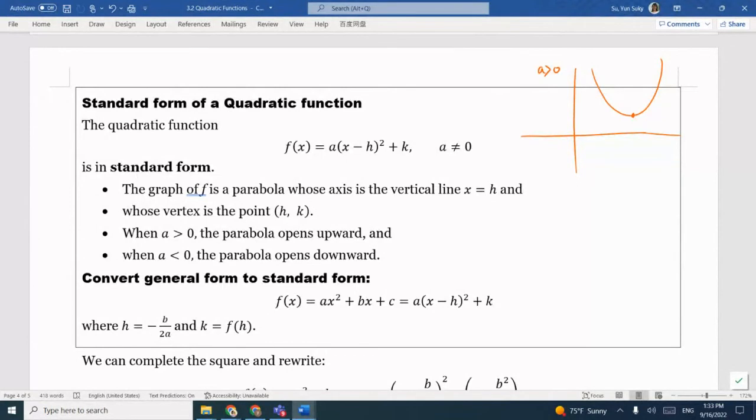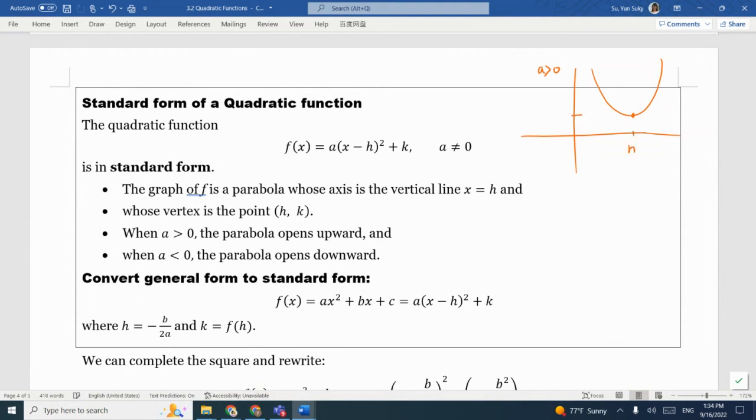Well, you know (x minus h) squared. But this is always greater than or equal to 0. It's smallest when this equals 0. So when this equals 0, x equals h. Right, everybody? So that's why our lowest point is when x is h.